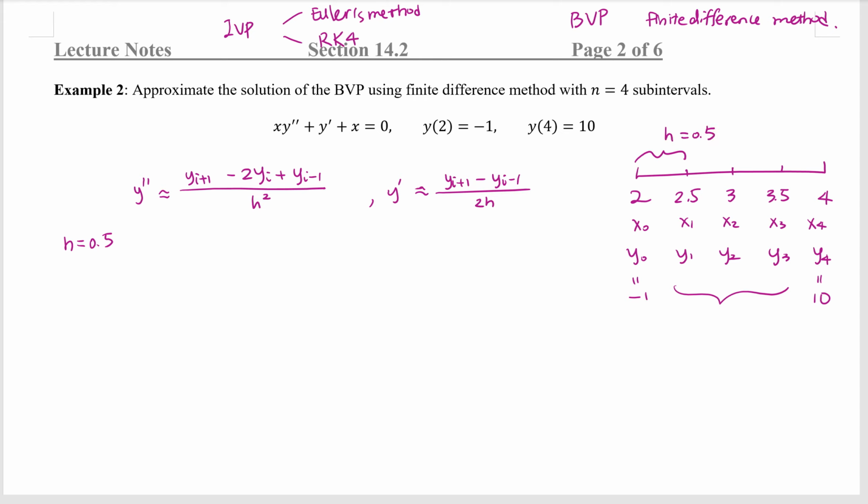Okay, now let's plug in. We have xi times y(i+1) minus 2yi plus y(i-1) over h squared, which is 0.5 squared, 0.25, plus y prime, which is y(i+1) minus y(i-1) over 2 times 0.5, which is 1, plus xi. So far so good, everybody?